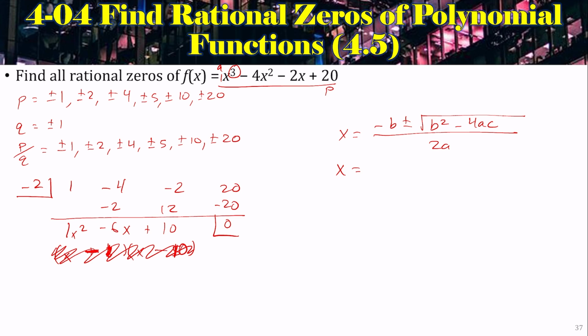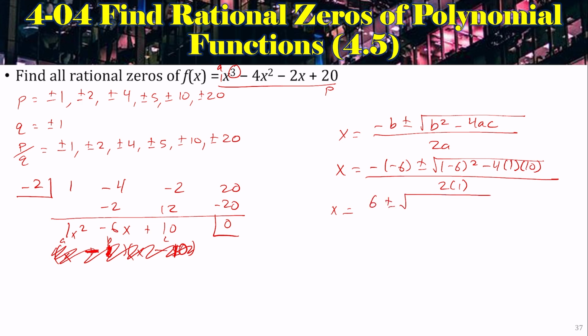All right, so a is 1, b is -6, c is 10, so negative of -6, plus or minus the square root of -6 squared minus 4 times 1 times 10, over 2 times 1. That'll be 6. -6 squared is 36, and 4 times 10 is 40. 36 minus 40 is -4.